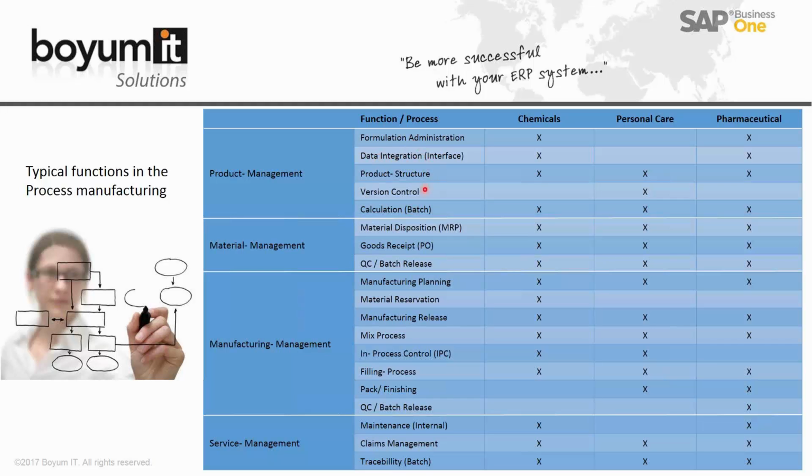So if we go through the functions, we have the data integration hub as a tool for the interface. Also here it's only an idea, of course, but we see this more in chemicals because you have maybe external software, and we see it more in pharmaceutical, but not in personal care. Of course, you can have it also in personal care, but we see it more in chemicals and pharmaceuticals.